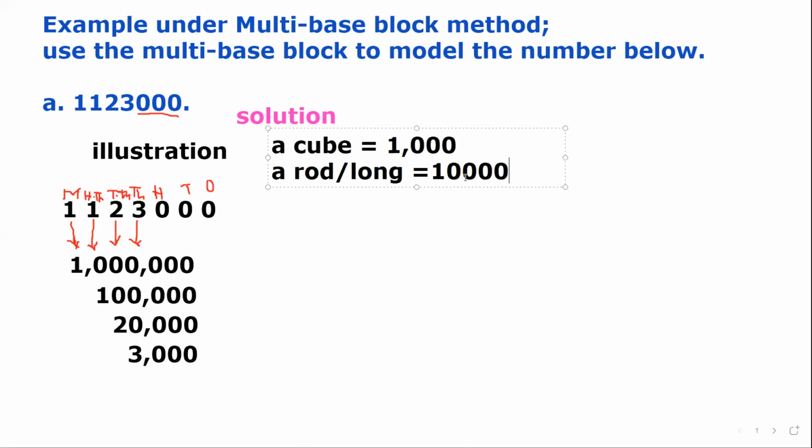Like what I said, once a key is identified to be 1,000, then a rod, which is the next key after the key, is 10 times a key, equal to 10,000.